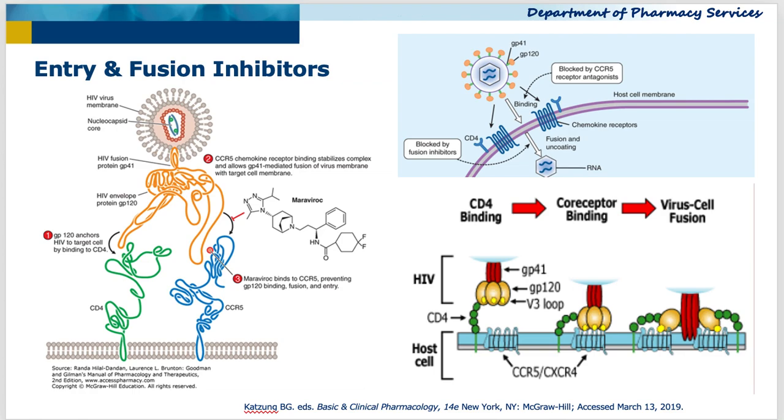So appropriate use of CCR5 antagonists or CCR5 entry inhibitors depends on the knowledge of the patient's HIV subtype. In order to use an entry inhibitor, we do require testing, called tropic or tropism testing.